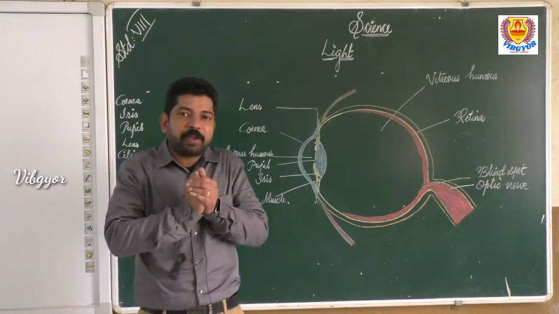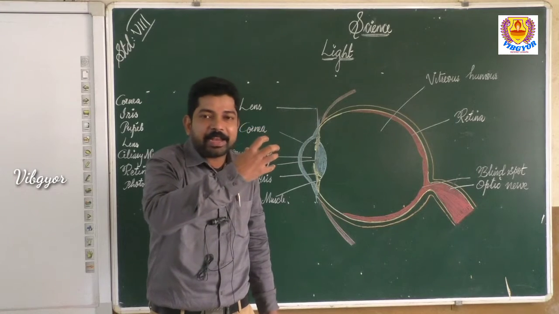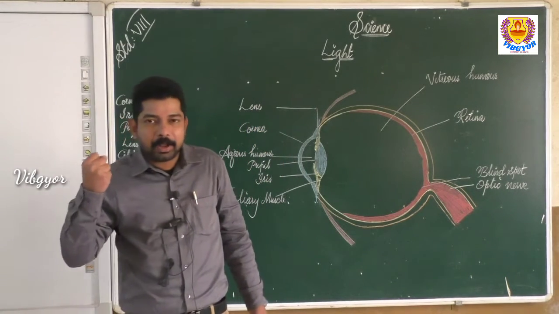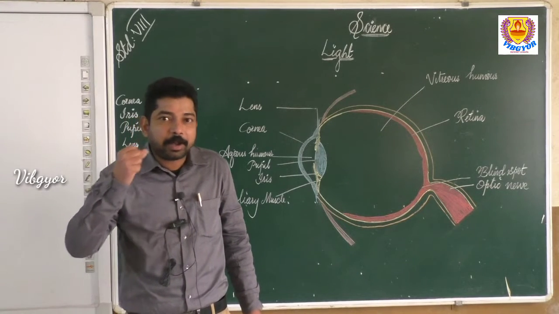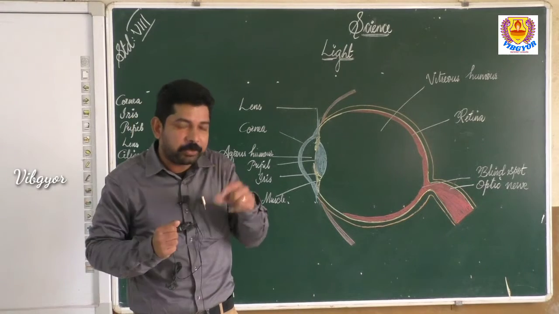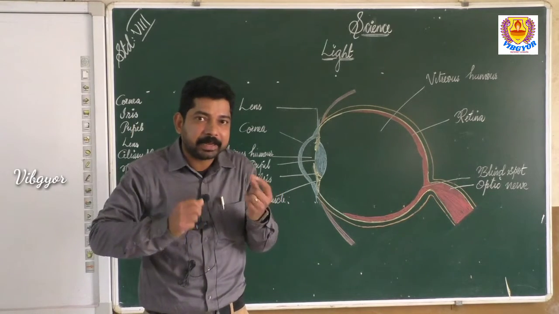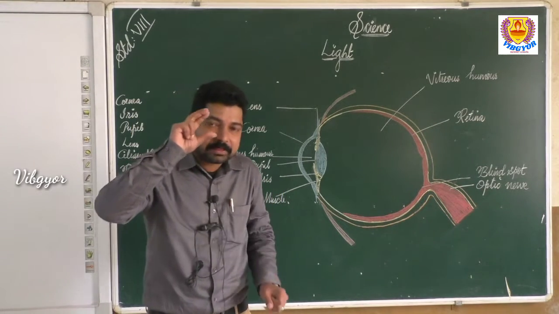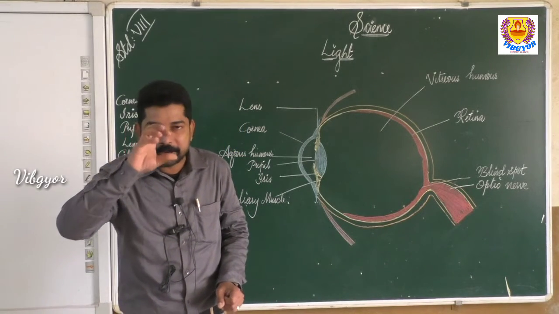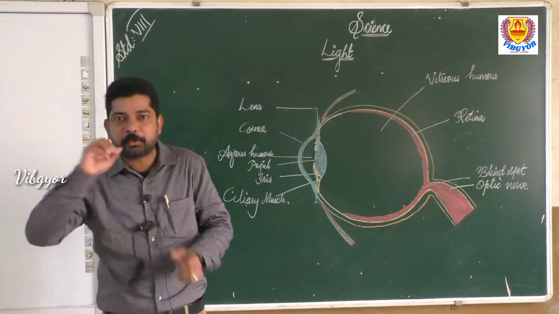You might have felt that when you enter from bright light to normal light, you feel it as dark. Do you know the reason? When you are in a place with bright light, your iris is contracted, so it reduces the amount of light entering the eye.